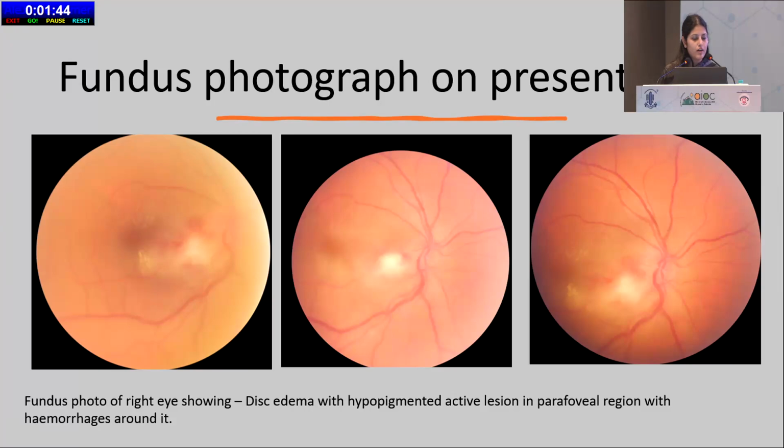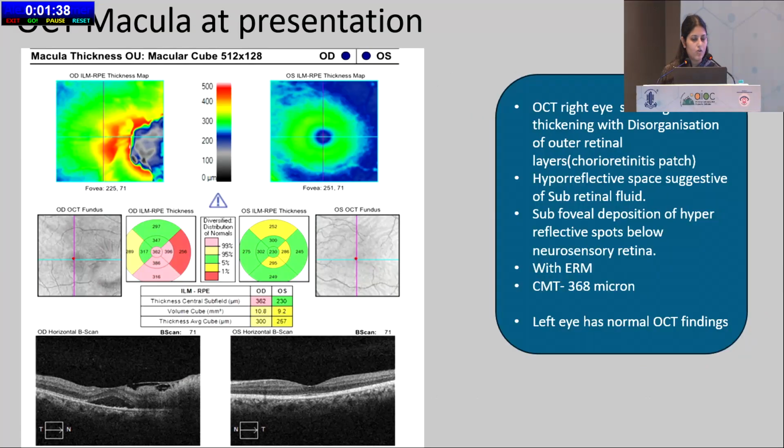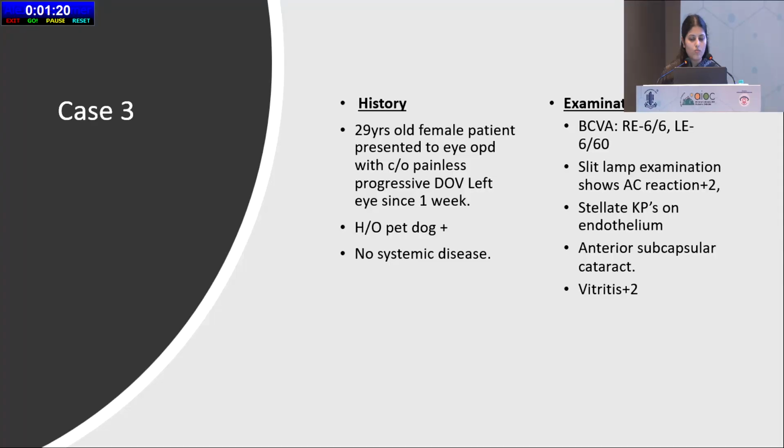His fundus photograph showed disc edema with hyperpigmented active lesions in the parafoveal region with hemorrhages around it. On OCT, it also showed a chorioretinitis patch. Subretinal fluid and an epiretinal membrane were also seen in the right eye. His central macular thickness was 368, and his left eye had normal findings.